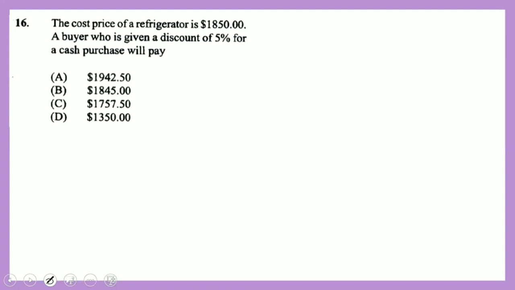Number 16, the cost price of a refrigerator is $1,850. A buyer who is given a discount of 5% will pay what?